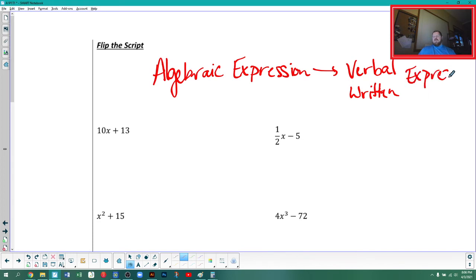So we want to do the same thing backwards. Now, when we're doing it this way, we definitely want to make it obvious what order we want these done in. Okay, if we want to change the order of operations, we need to note that.